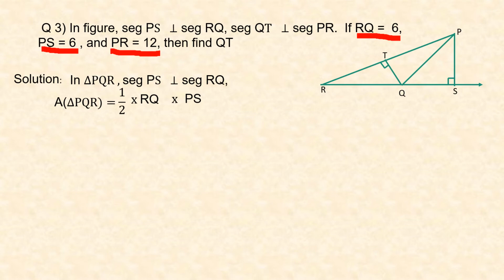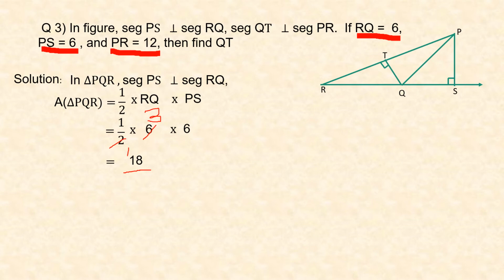Now substitute the values. 1 upon 2 into 6 into 6. 2 ones are 2, 2 threes are 6. Therefore answer is 3 into 6, 18. Here now we know the area of triangle PQR.